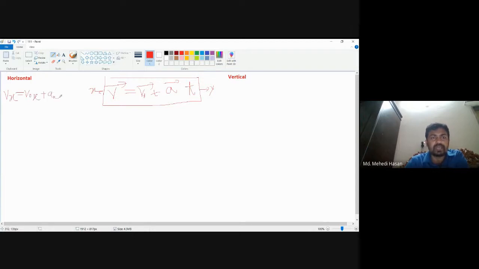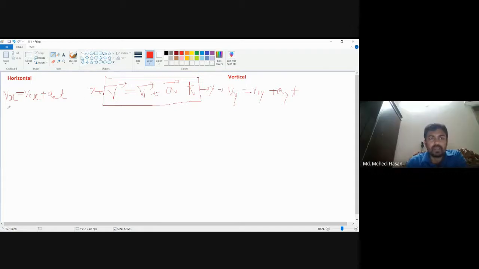equal to v naught x plus axt. জাস্ট এই ইকুয়েশনটার x কম্পোনেন্টটা আমি লিখলাম। এটা কি বুঝতে পারছো সবাই? কারো কোনো কোশ্চেন আছে এটাতে? সিমিলারলি y এর যদি যাও ভার্টিক্যালি, it will be vy equal to v naught y plus ayt. সেম ইকুয়েশন, জাস্ট তাদের x কম্পোনেন্ট আর y কম্পোনেন্টটা লিখছি। ইকুয়েশনটা যে লিখছি এটা বুঝতে পারছো তো সবাই?